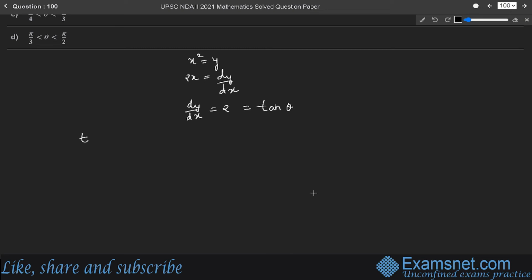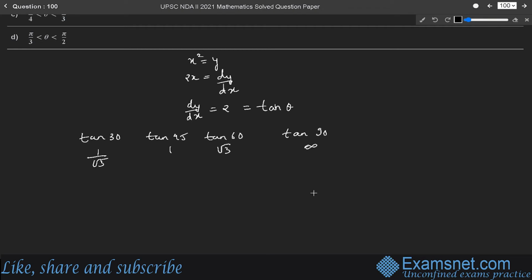We know the values for tan 30, tan 45, tan 60 and tan 90. Tan 30 is 1 by root 3. Tan 45 is 1. Tan 60 is root 3. And tan 90 is infinity.